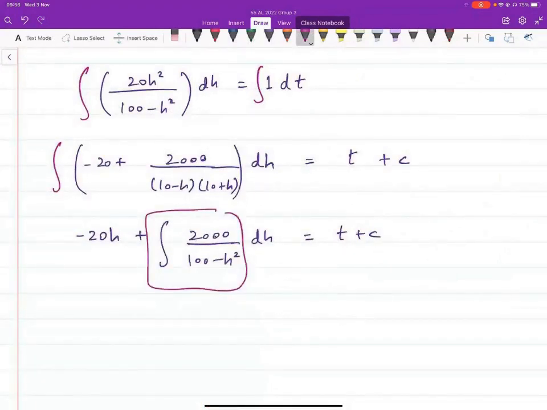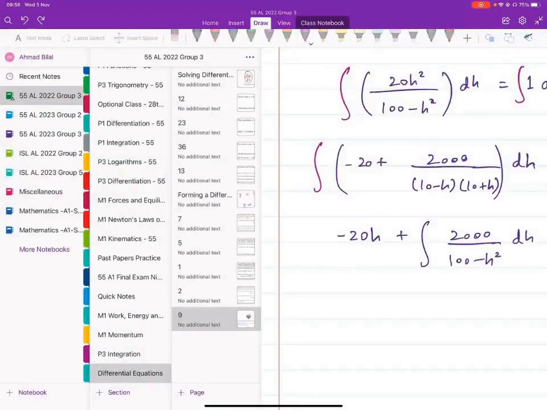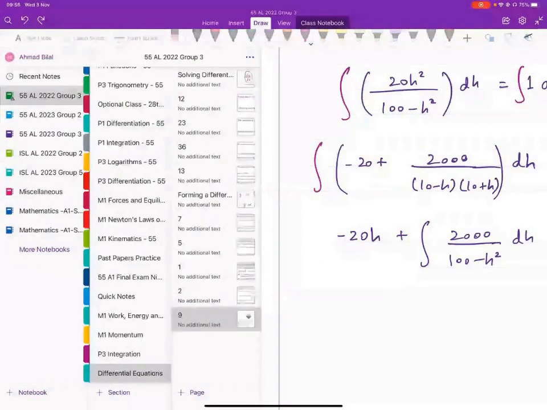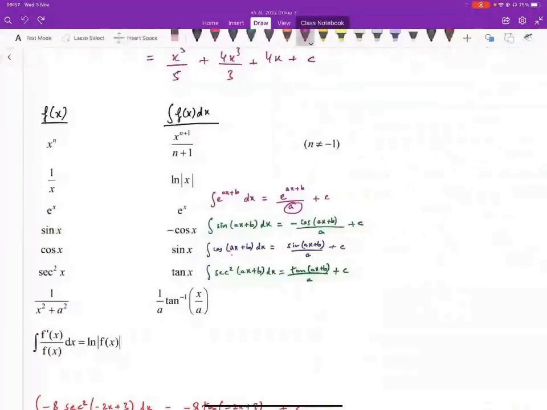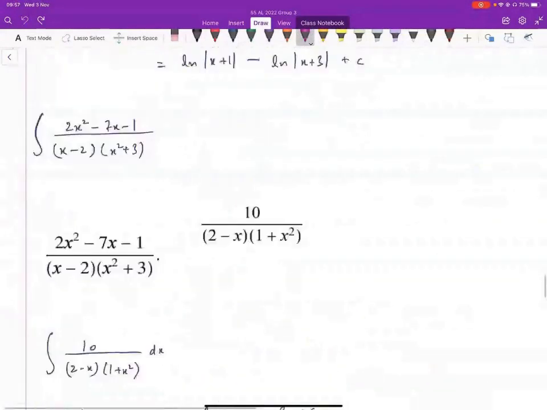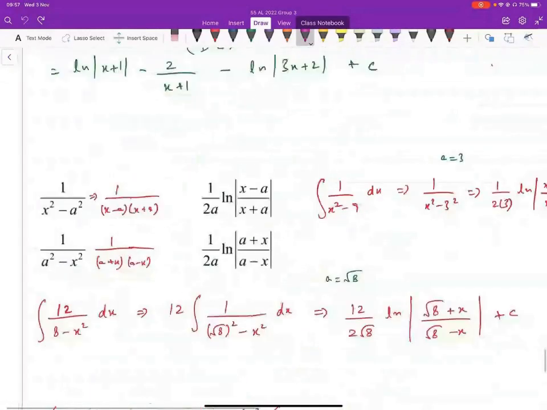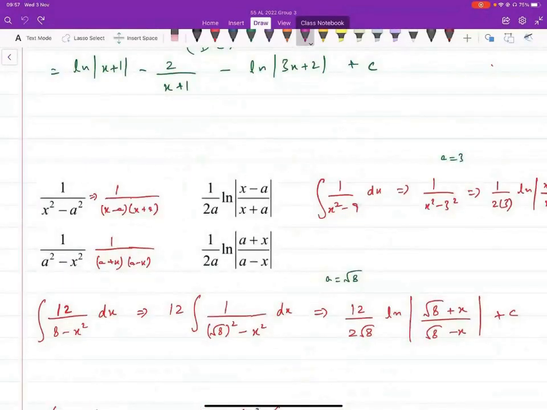Is that okay? But remember, we did two forms that are already given in the formula sheet directly, so you won't have to do it step by step. There were two other forms in the formula sheet that we talked about, and they were these.